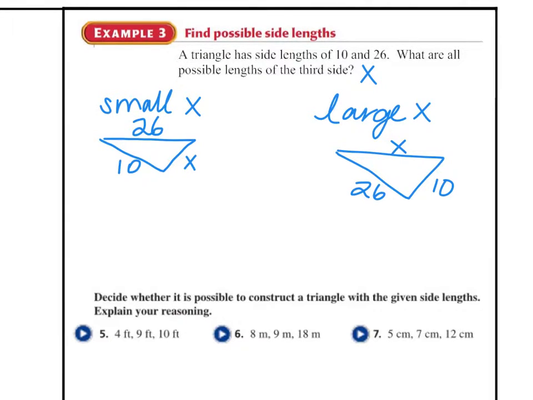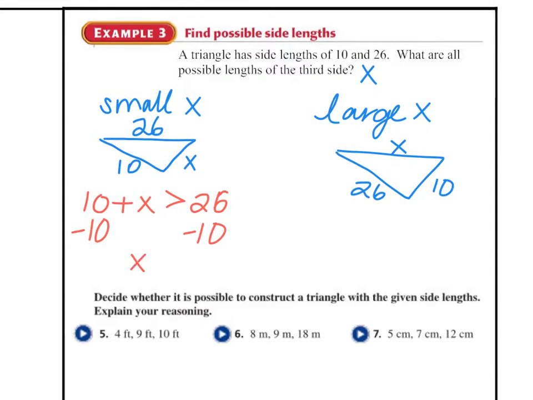You're going to write some actual inequalities. We know that when I sum the two sides, they have to be greater than the third. So when I add 10 and x, it has to be greater than 26. Otherwise, you're either going to have a line, or it's not even going to be close to connected. So let's solve this. Subtract your 10.